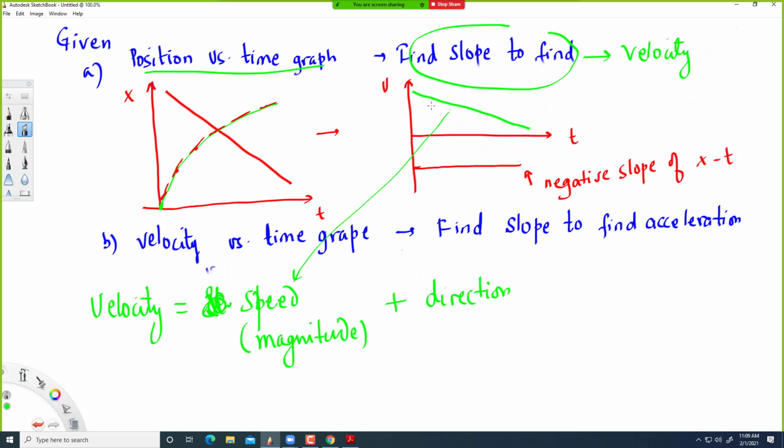In this case, the slope is negative, which means it's going backward. If it is positive like that, it's going forward. So you can find both speed and direction with the graph. So the graph gives us velocity. Okay, let's look at number 7.